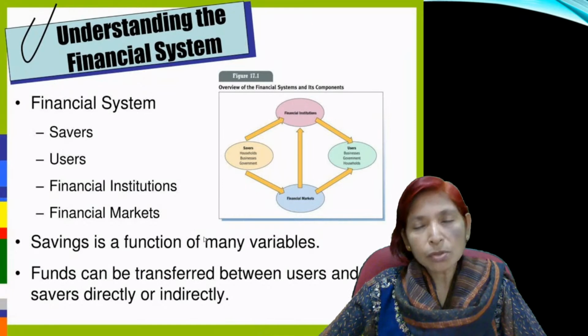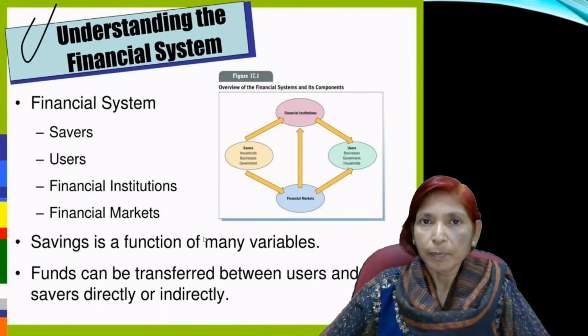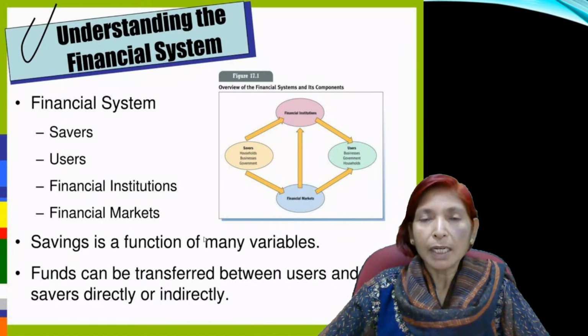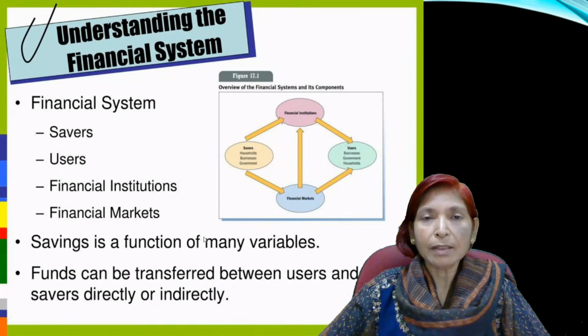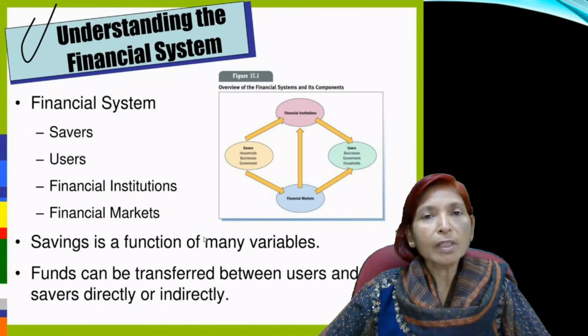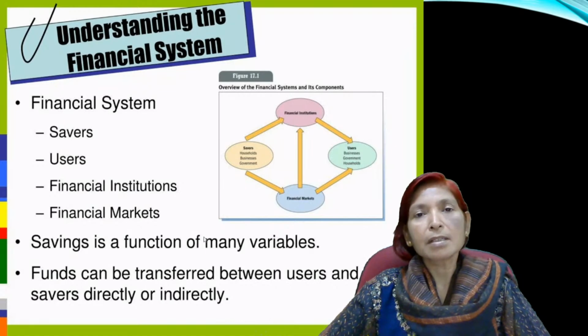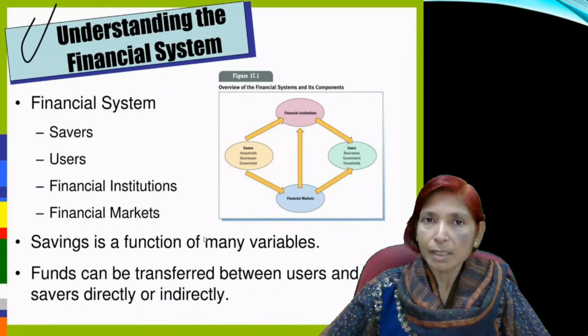Generally, households give more contribution to savings, and the firm sector also contributes, but less than the household sector, because the firm sector reinvests whatever it earns from its business enterprises for producing goods and services.